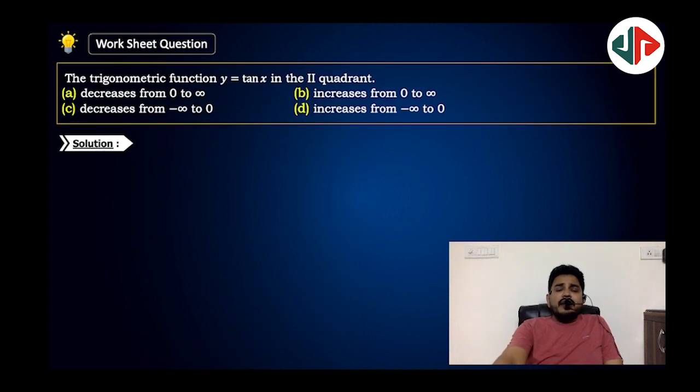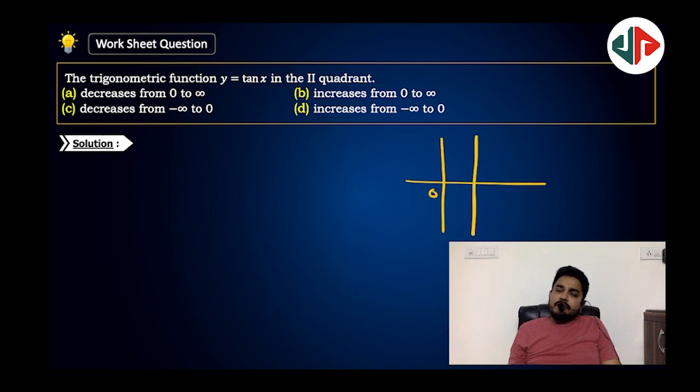The trigonometric function y is equal tan x in the second quadrant. So you look at here tan x, 0 to pi by 2, this is 3 pi by 2, and this is pi. Second quadrant. Tan x is always an increasing function irrespective of quadrant.